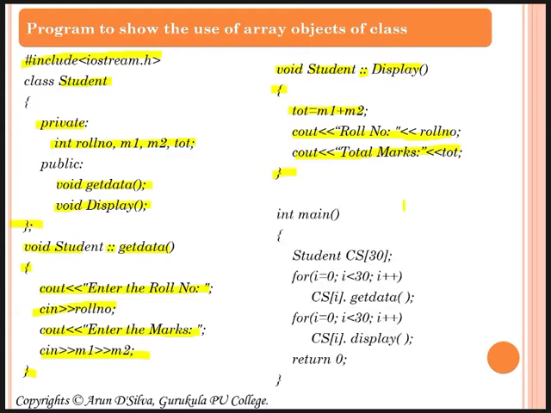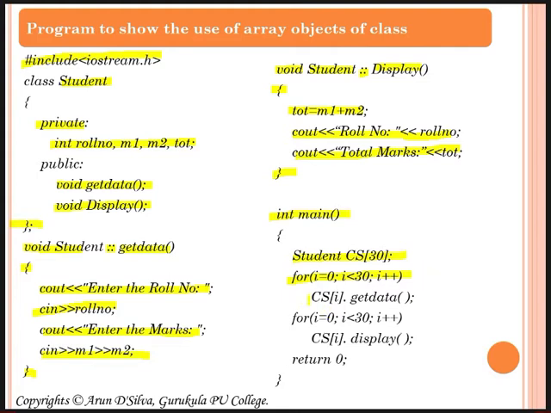Now I made use of the main function with an integer return type specifier, and I've created an object array of Student, that is CS[30]. So this will hold 30 students' information. Now I've used a for loop, for i equal to 0, i less than 30, i plus plus.